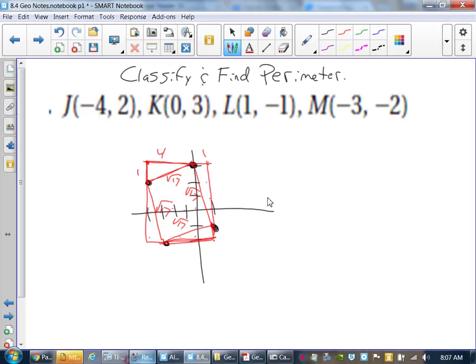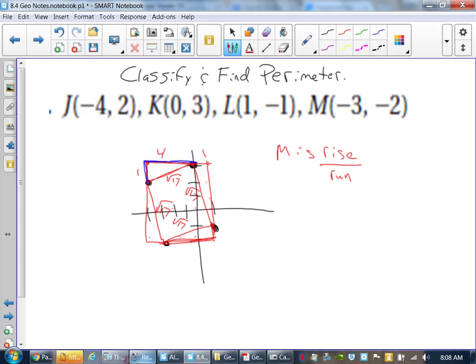So, remember when you're talking about slopes, slope is rise over run. Since you have a rough sketch of this, if you think about it, you've kind of already filled in what your slopes are. To go from J to K, we went up 1 over 4.